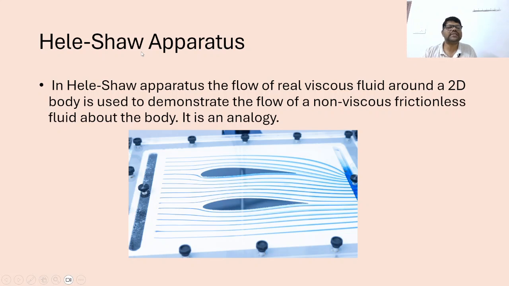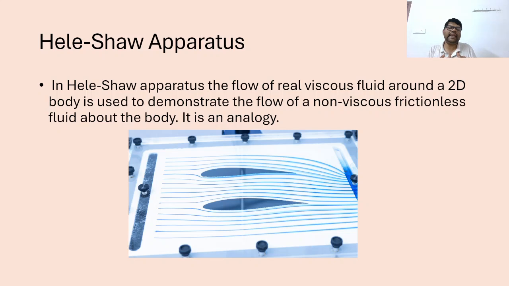So this is the original flow problem: non-viscous frictionless fluid flow over an aerofoil. But I cannot do an experiment with the non-viscous fluid because all real fluids are viscous in nature.